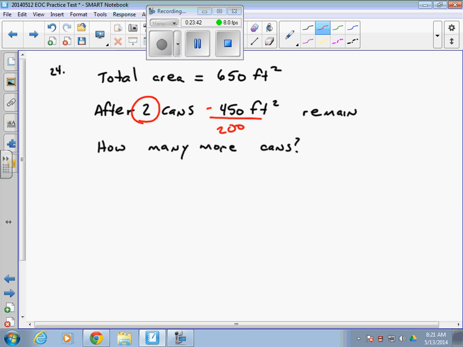So what you're getting for every can is 100 square feet. So if he's got 450 more, divide 450 by 100. So it's going to be 4.5. That's not an option because you can't have half of a can. So 5 is the best answer. 4 is not big enough. 5 is the correct answer.